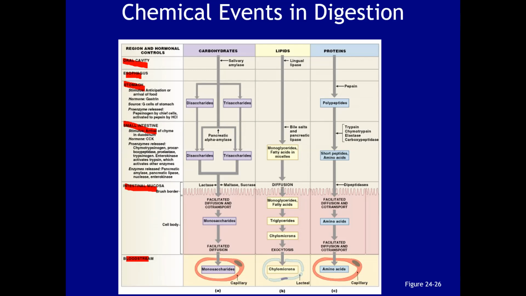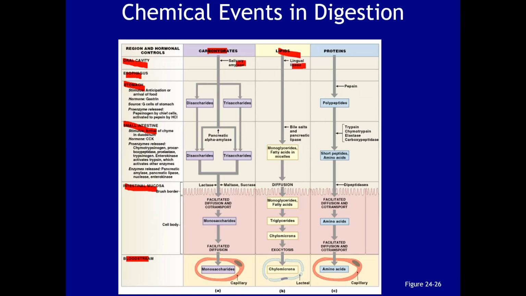What is digested in your oral cavity? Well, there's only two things, and it's the beginning of digestion. For carbohydrates and for lipids. That begins in the mouth. And you can see the enzymes that are used: salivary amylase and lingual lipase.